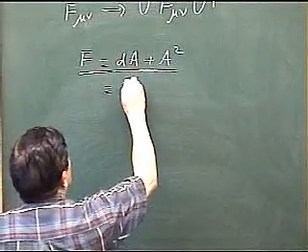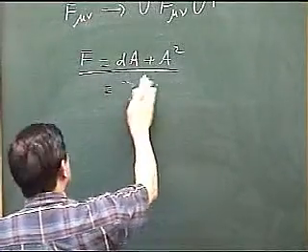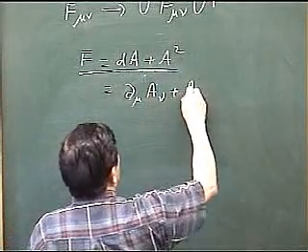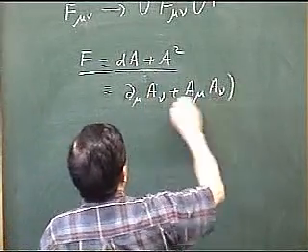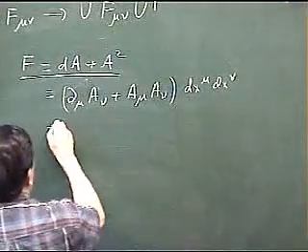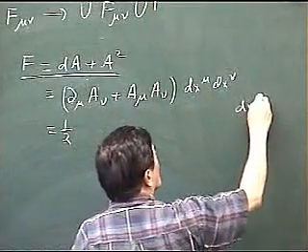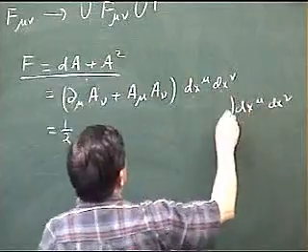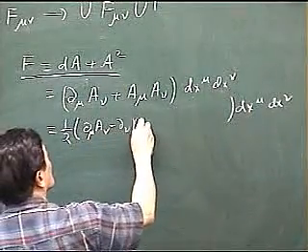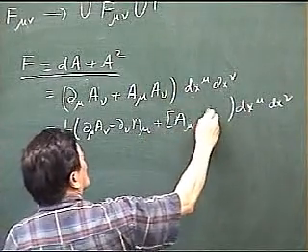It's dA, so it's d mu A nu, plus A mu A nu, dx mu dx nu. And by the trick that I told you before, since dx mu dx nu is anti-symmetric, this is 1/2 (d mu A nu minus d nu A mu plus commutator of A mu and A nu).